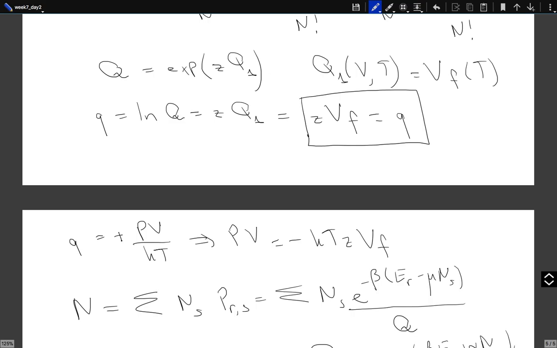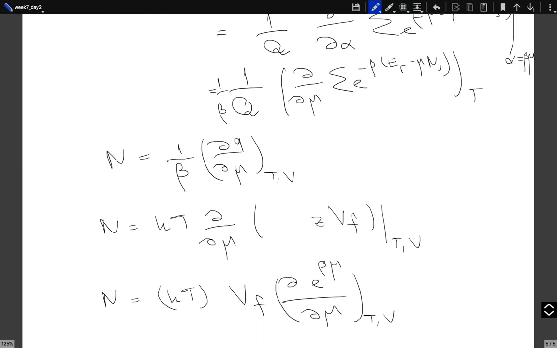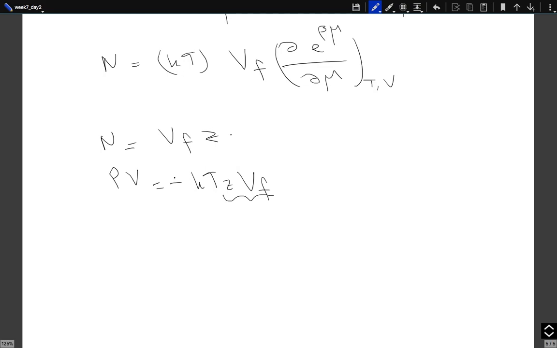This is plus, here I have a plus. So I have a plus sign over here. So PV is equal to NKT, just like in the canonical and the microcanonical ensemble.